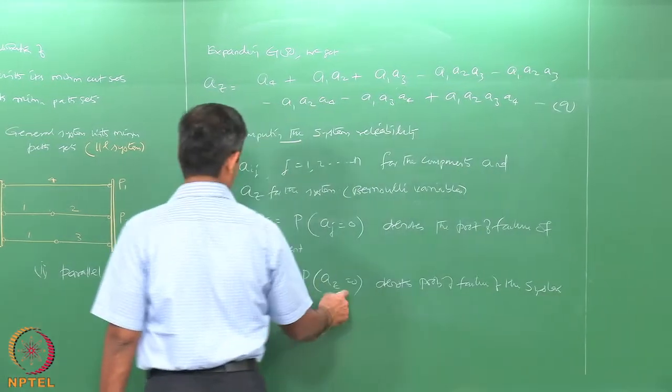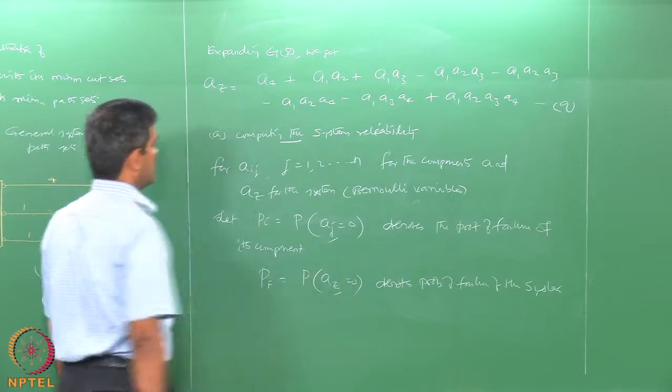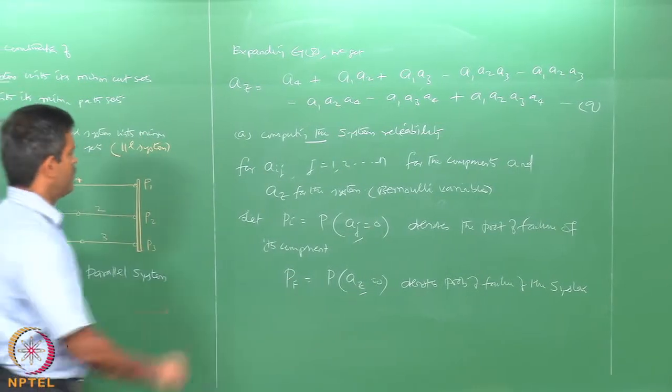So, Z denotes system and j denotes the component.